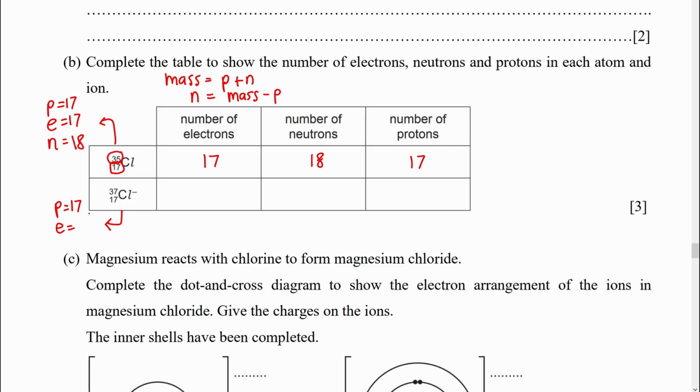So the electron here should be 17 plus one more electron from the number of protons. So 17 plus 1 is 18. And the number of neutrons is the mass minus the number of protons. The mass here is 37. 37 minus 17 is 20. Okay? So the answer is 18, 20, and 17.